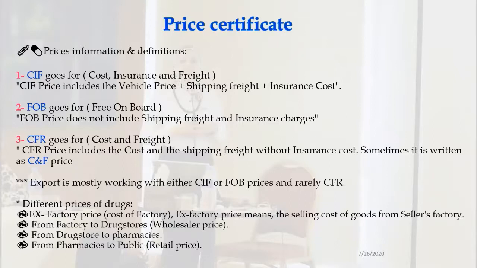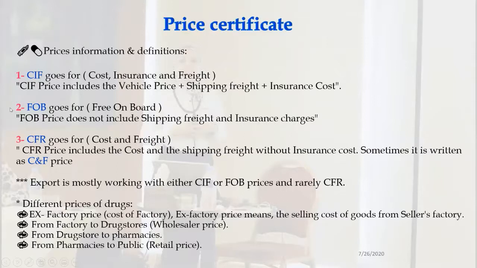According to the regulations of the health authority, we will prepare the price certificate to show the CIF price. CIF is the abbreviation of cost, insurance, freight, so this price will include the vehicle price, shipping, freight, and insurance cost.